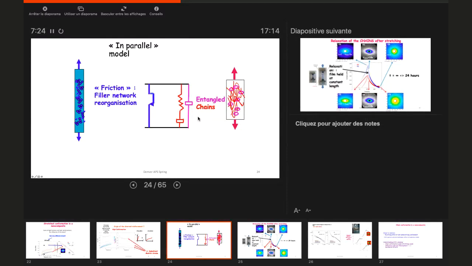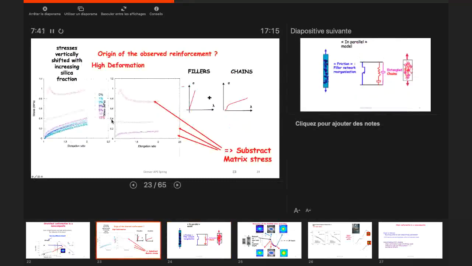Okay. This was the idea. It's very naive, but it's supported by the fact that you get the impression on this curve here that this contribution, which is the contribution of a chain only at 0% fraction, is always the same for the different filler concentrations. So if you subtract this 0% curve from all the others, you always obtain a very flat rest.